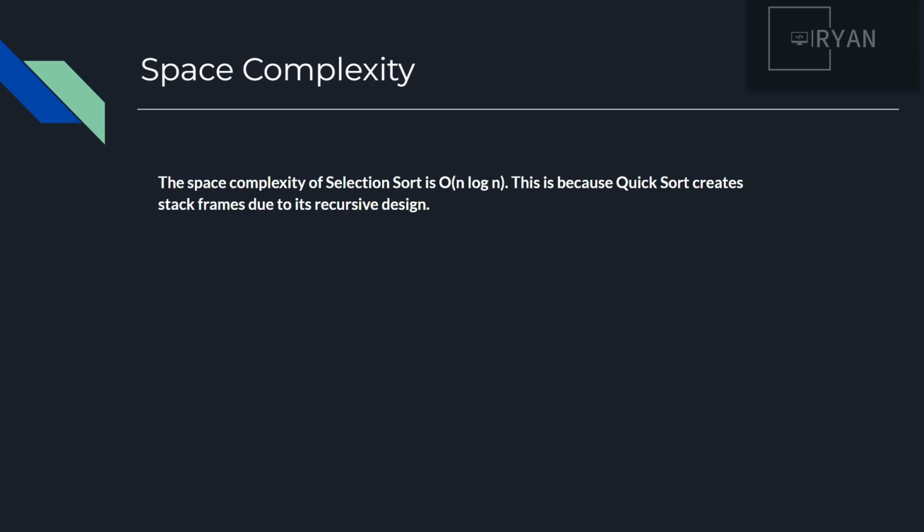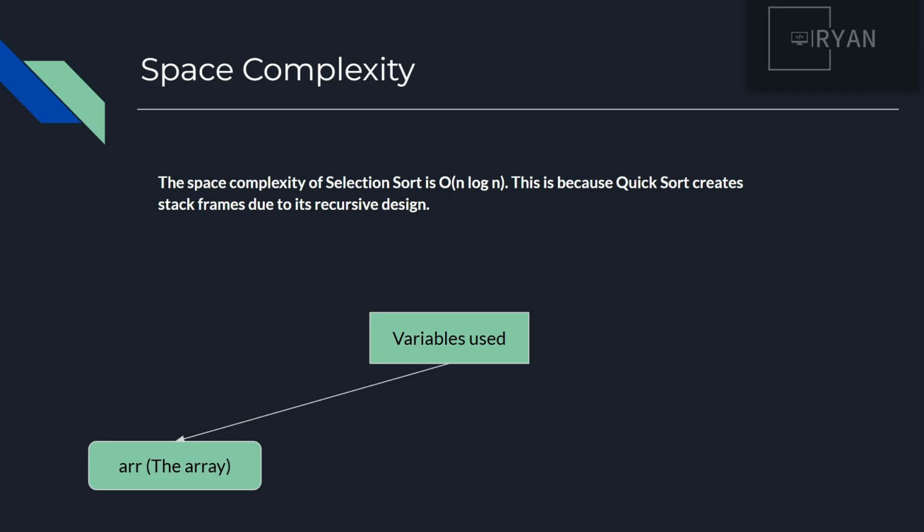In addition to recursion, quicksort also uses a few variables during its process. So, here are the variables used. Array, which is of course the array that we're sorting. Pivot, the value around which partitioning occurs.